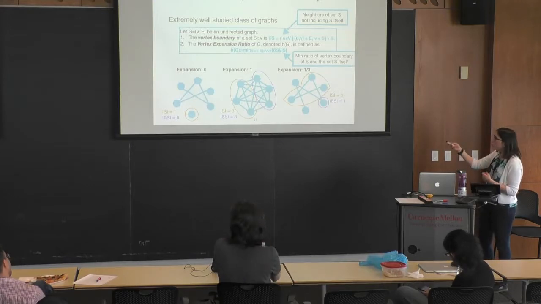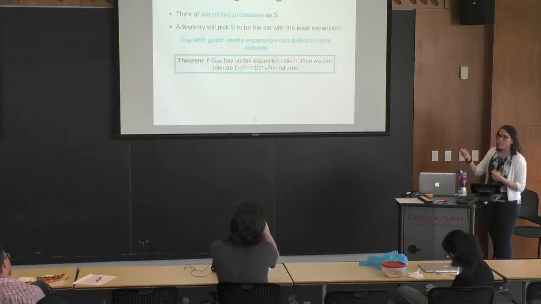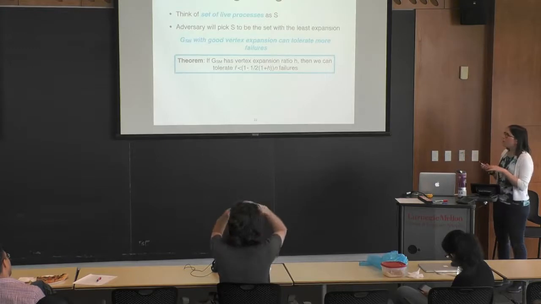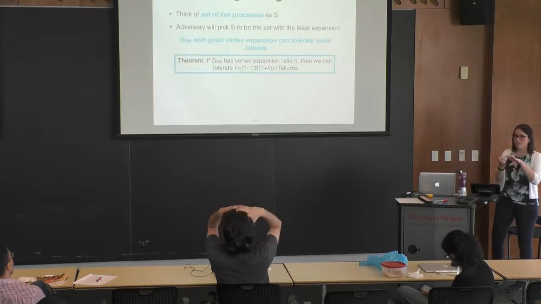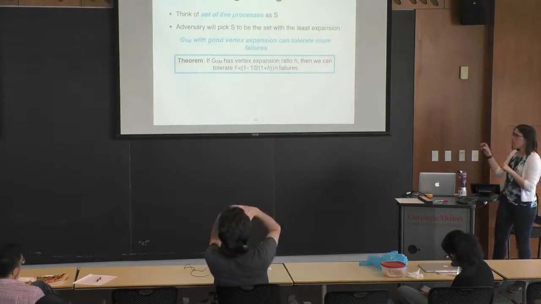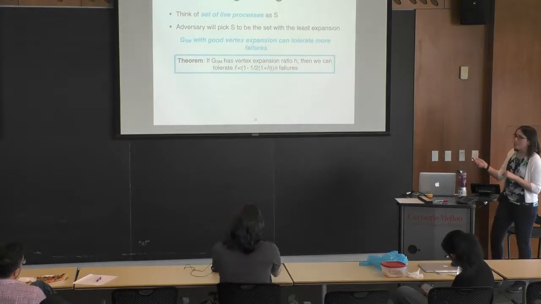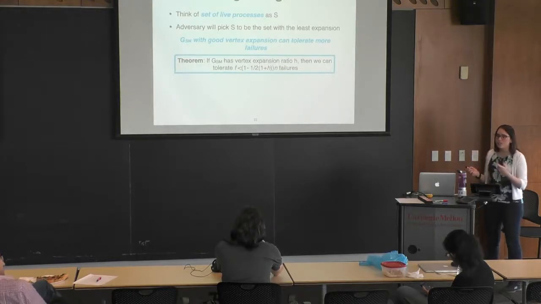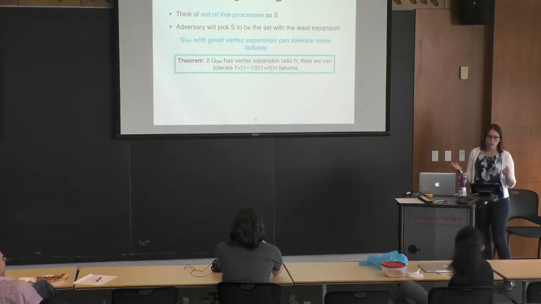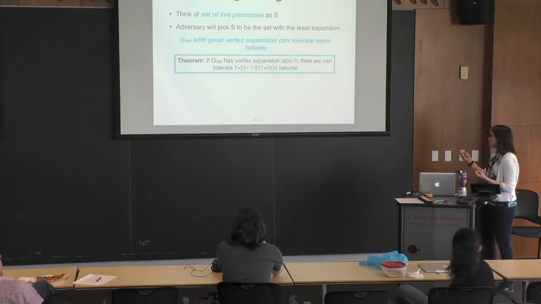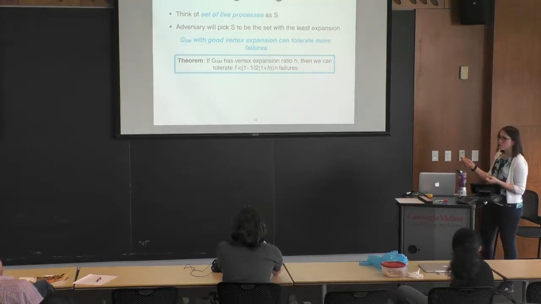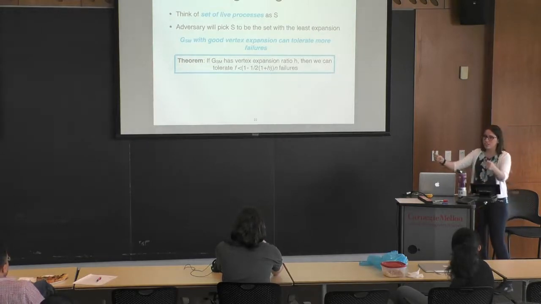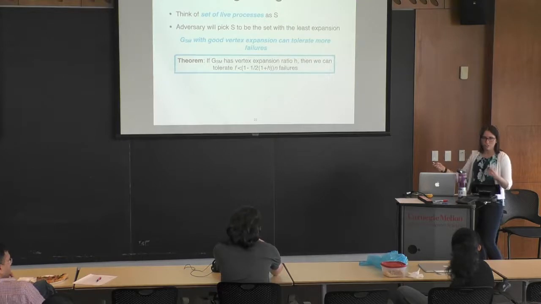Okay, so now we can use this concept. Remember that in our case, we want to ask, what is the set of processes that didn't crash, the live processes? We're going to call that set S, and we're going to ask, what is the boundary of S? That boundary will tell us how many more processes we can simulate. The adversary gets to pick S, so we want all of the sets that the adversary could pick to be really good.